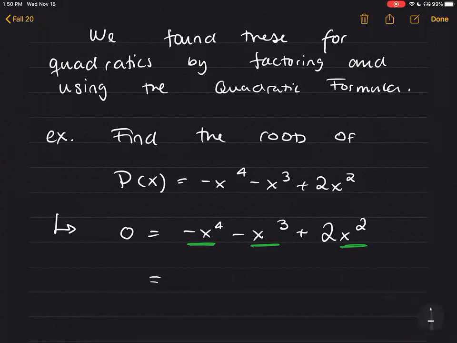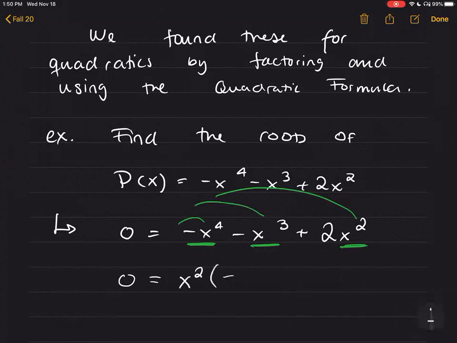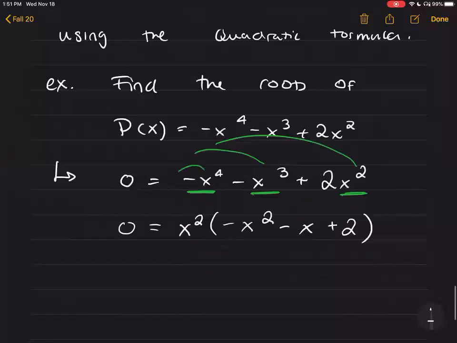So we can pull out an x squared from each of these terms, right? So pulling out the x squared, I'm also going to pull out the negative just to make it a little bit easier. So this becomes negative x squared times x squared plus x minus 2.